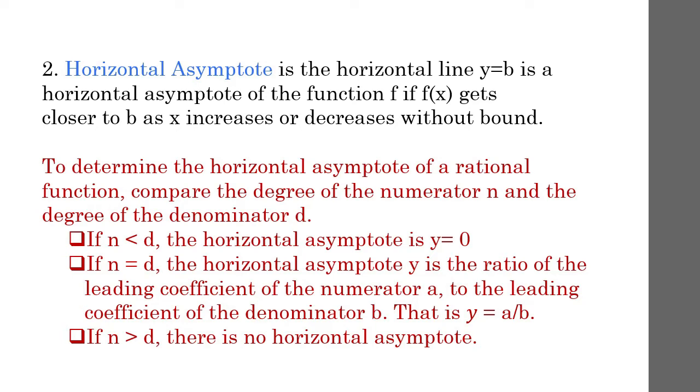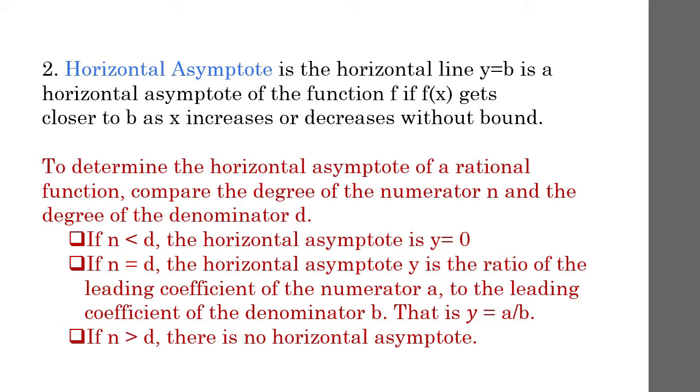If n is equal to d, the horizontal asymptote y is the ratio of the leading coefficient of the numerator a to the leading coefficient of the denominator b, that is y equals a over b.